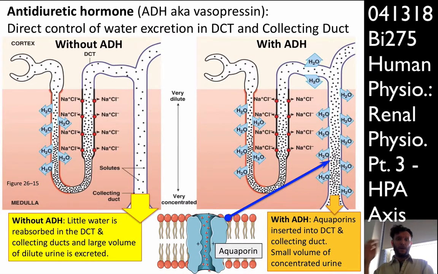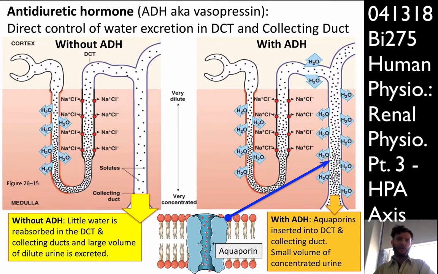Here we go. So you may see the word vasopressin in the literature or a textbook, or if someone talks about this again in your life. But antidiuretic hormone is also known as vasopressin. Anyways, the way it works, it has a very direct control. It is a hormone that has a direct control on the expression of a specific protein. That protein is aquaporin. You see a picture of it down there.